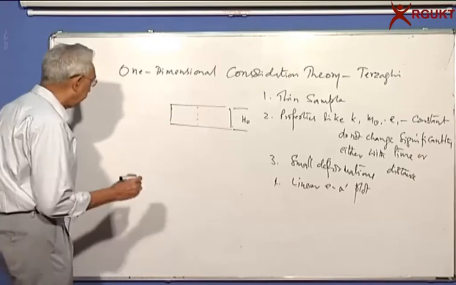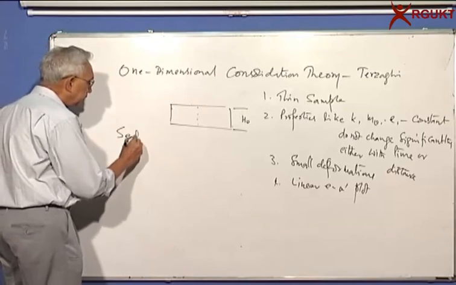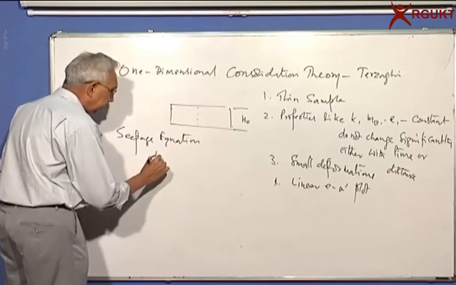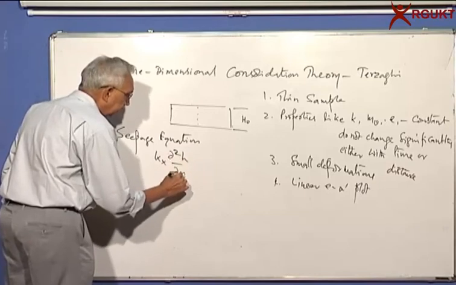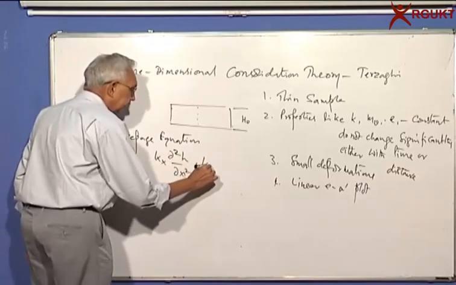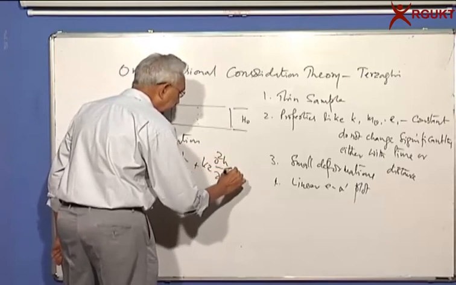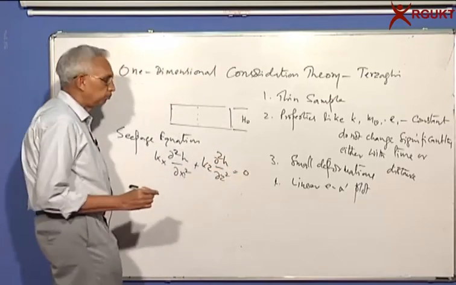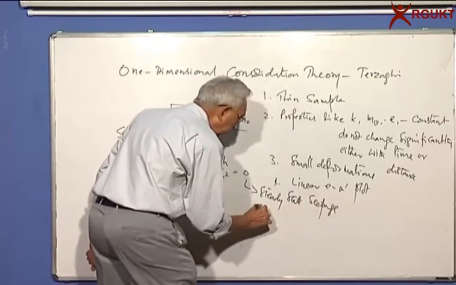The starting point for this theory is our seepage equation, if you remember, which we derived as kx delta square h by delta x square plus kz delta square h by delta z square is equal to 0 in the case of steady state seepage, which means no volume change.